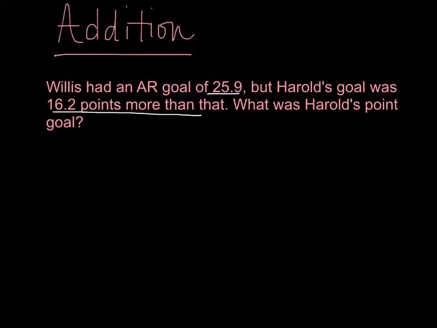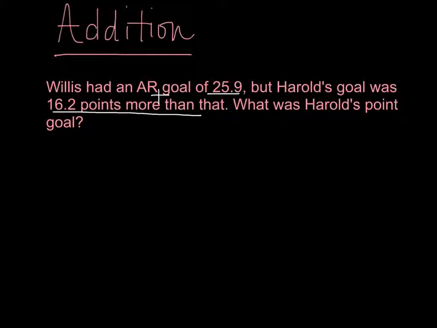Anytime we see more than that, we know that we're going to add. So when they ask for what was Harold's point goal, we know that we are going to take the starting amount of 25 and 9/10 of Willis's goal, and we're going to add 16 and 2/10 more onto that.